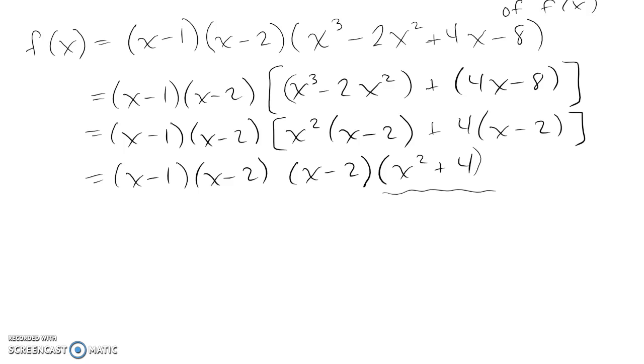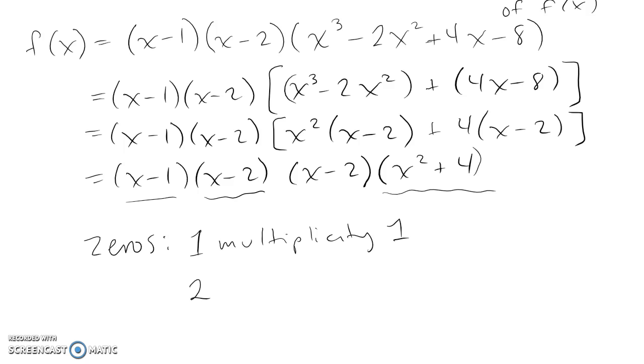All right? So now that I'm finished with this, I can say what my zeros are, right? My zeros are 1. That comes from the factor x minus 1 with multiplicity 1. I have another 0, 2, but notice it happens in 2 factors.